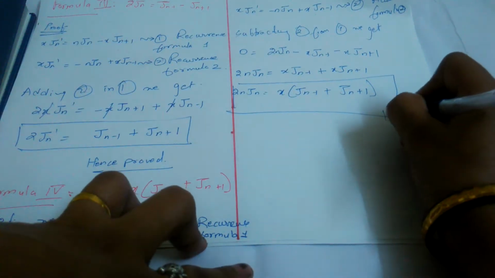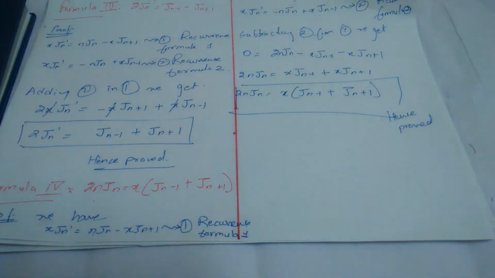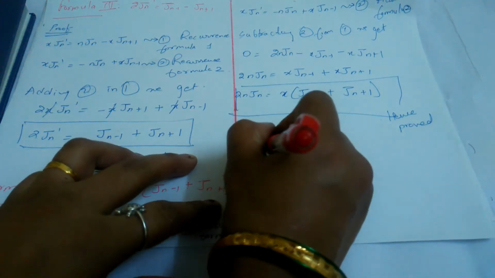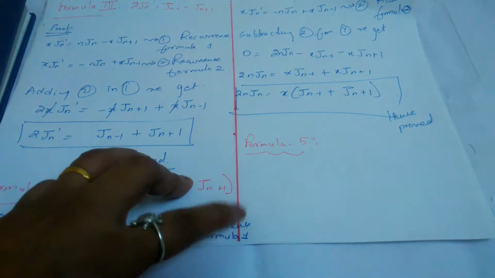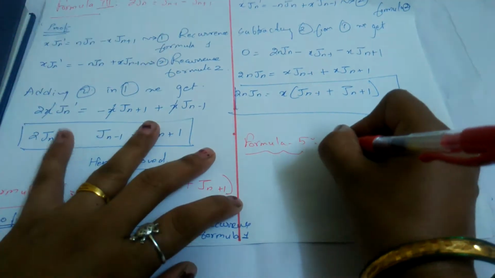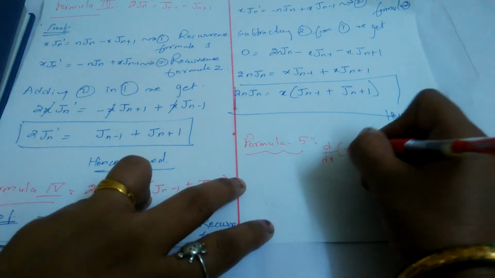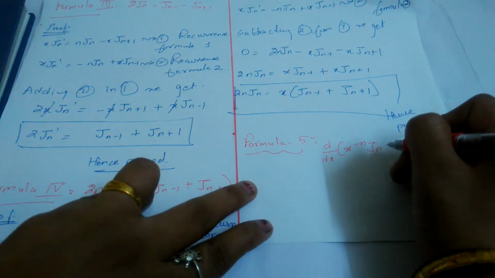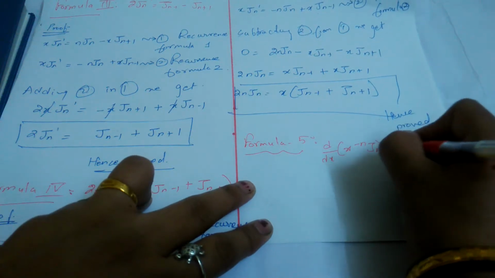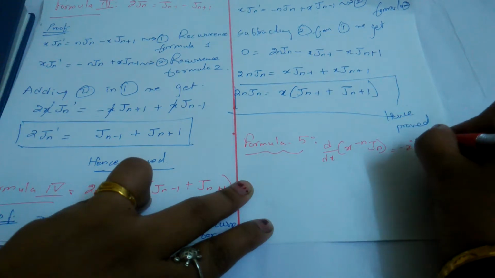Now, the fifth formula. The fifth formula says that d by dx of x raised to minus n into J of n is equals to minus of x raised to minus n J of n plus 1.